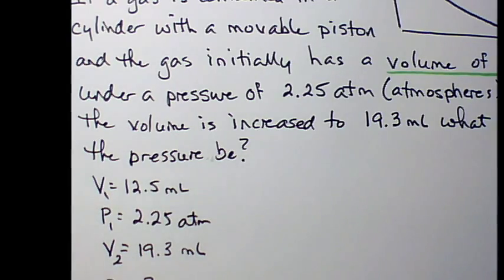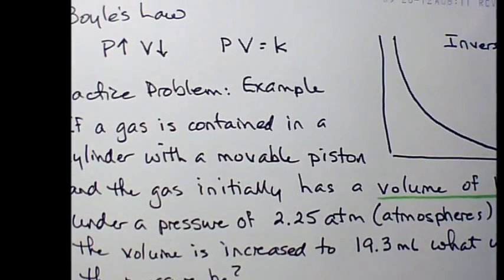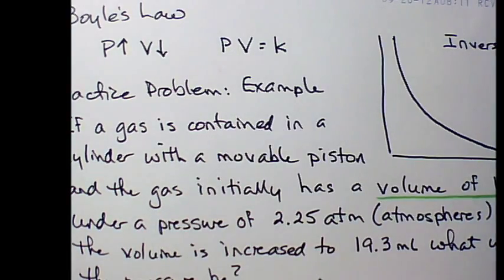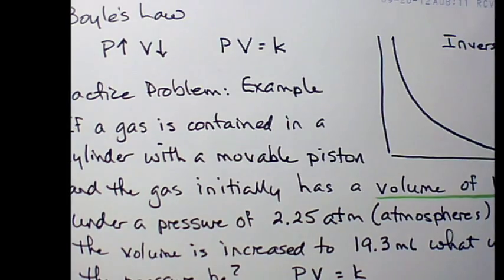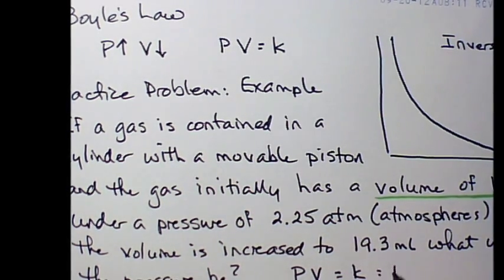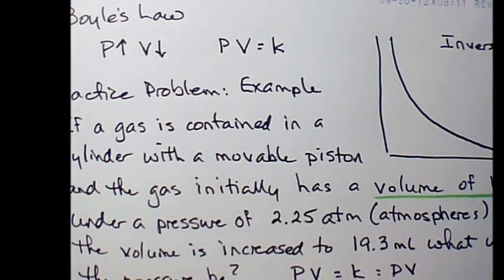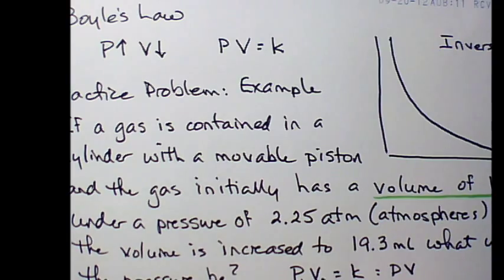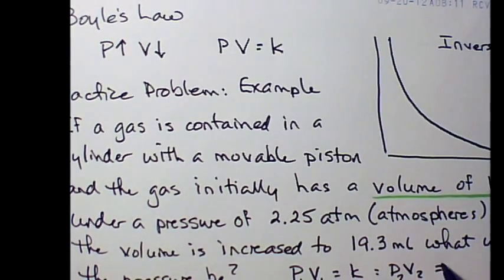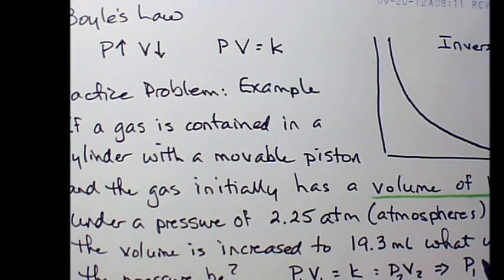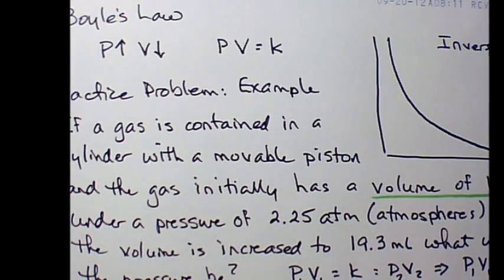Now, just like with Charles' law, if I initially have a pressure and whatever the pressure and volume are, they're going to equal some constant. So if I change the pressure, the volume has to change so we still are equal to K. So if this is P1 and V1, this makes this P2 and V2, which means P1 times V1 equals P2 times V2.